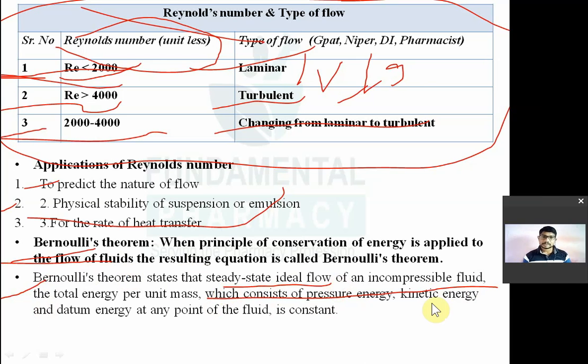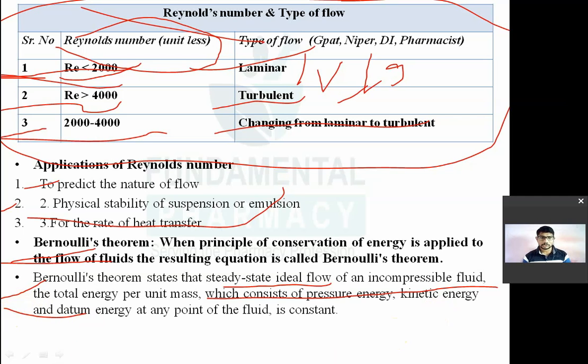Bernoulli's theorem states that in steady state ideal flow of incompressible fluid, the total energy per unit mass, which consists of kinetic energy, then datum energy at any point, will remain constant.